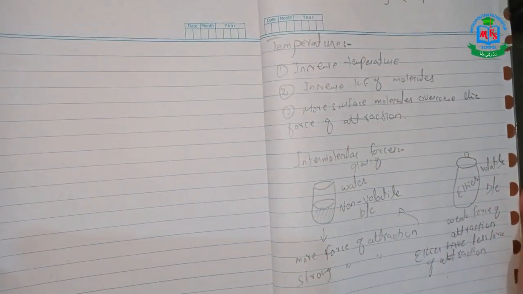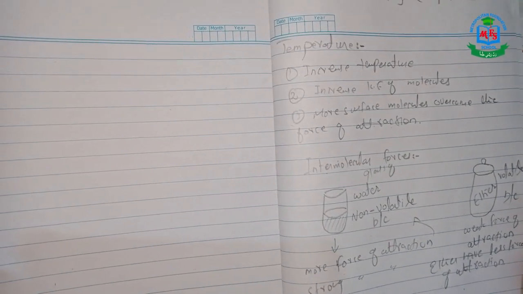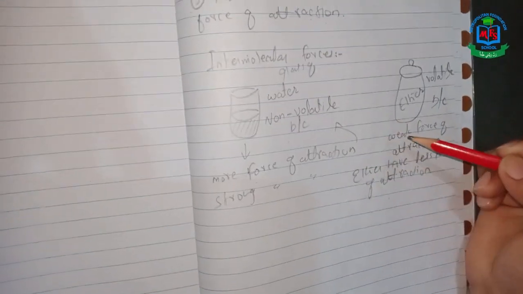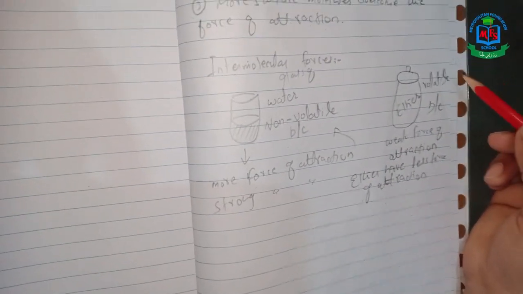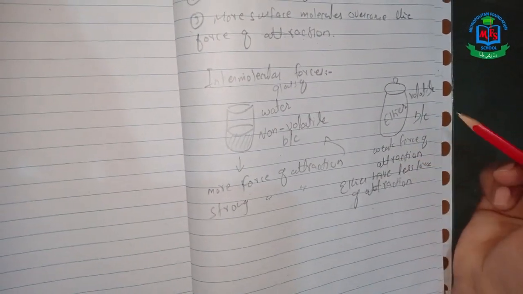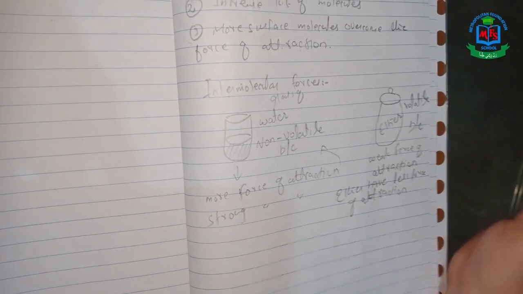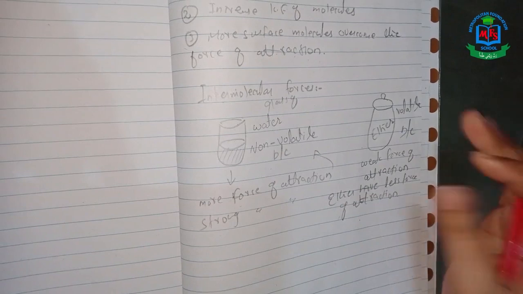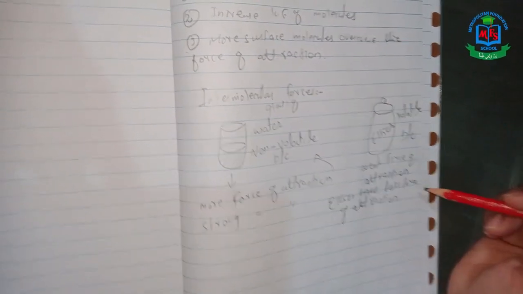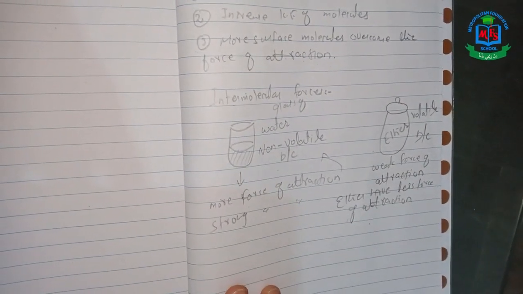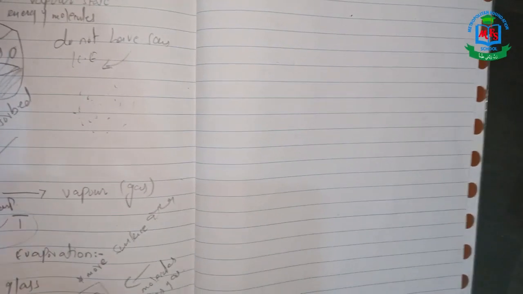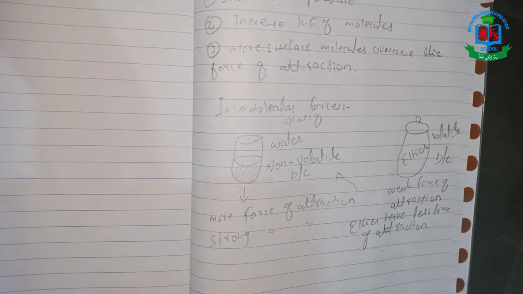Third, intermolecular forces: water is non-volatile because of more force of attraction, perfume is volatile because of weak force of attraction, and ether has less force of attraction. Students, I hope you all understand.